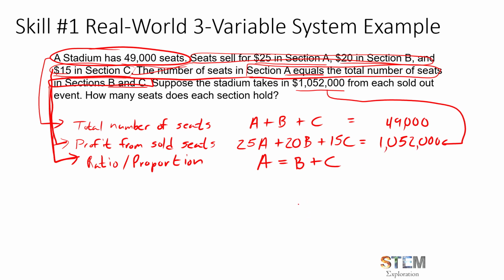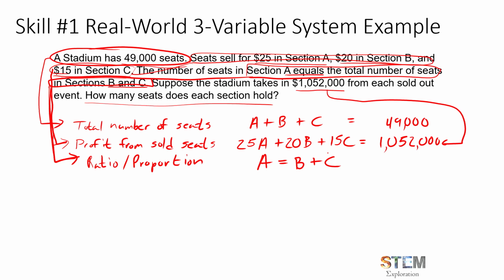Now I have a three-variable system of equations, with A, B, and C being my variables, representing the total number of seats, the profit from those seats, and the ratio and proportions given in the problem. The question asks, how many seats does each section hold? So I need to find a solution for A, B, and C that satisfies all three of these equations, because if it does, then I know the number of seats present in each.